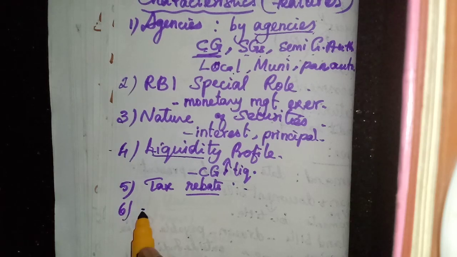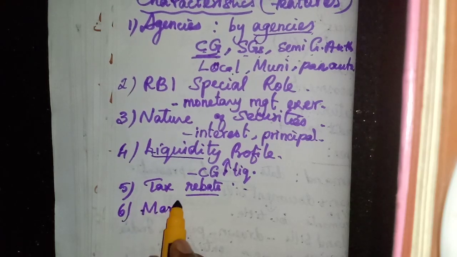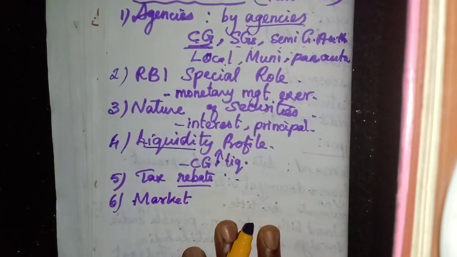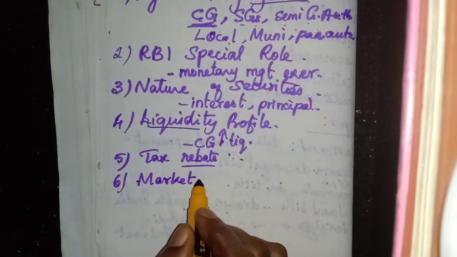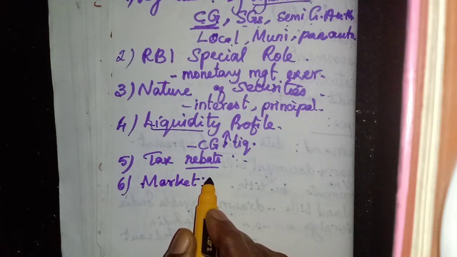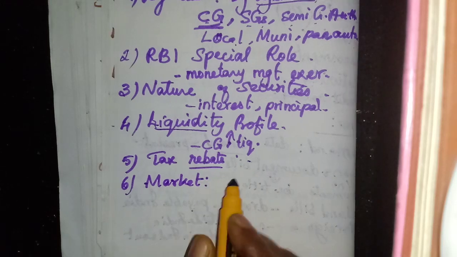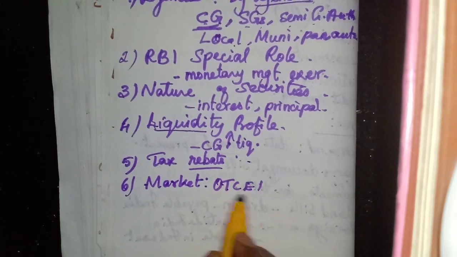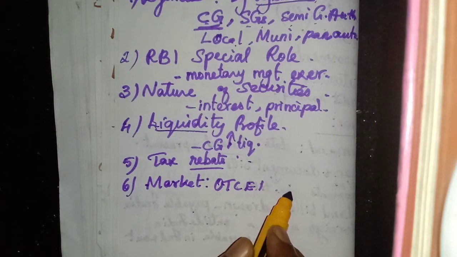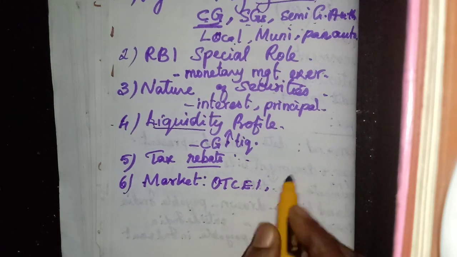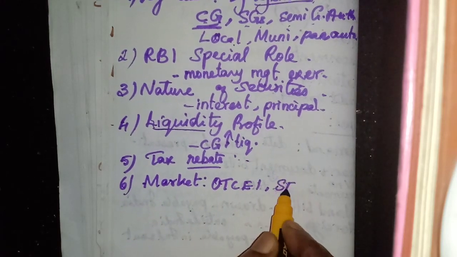Then market. Which place do they purchase and sell these securities? These gilt-edged securities are usually traded on the Over-the-Counter Exchange of India, OTCEI, and again the stock exchange.